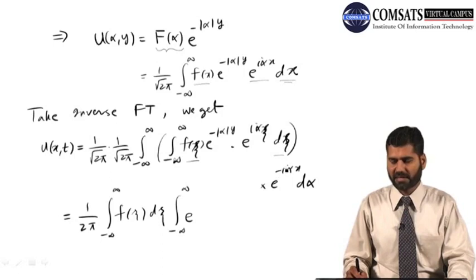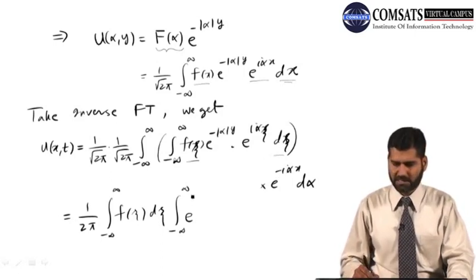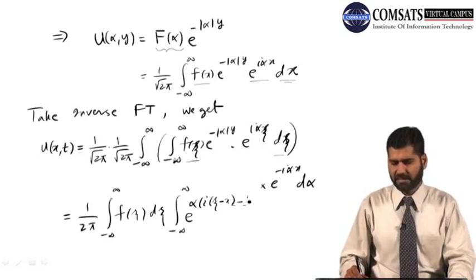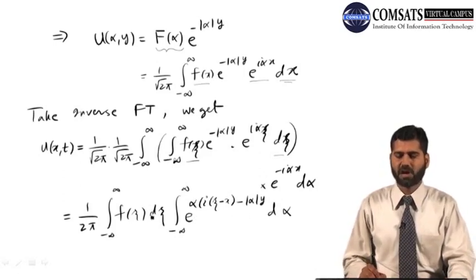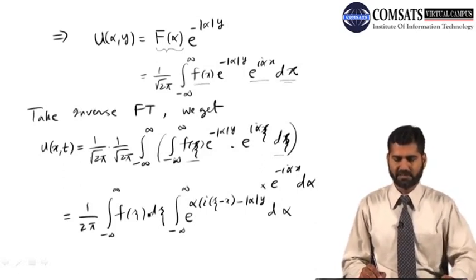So if you take iota alpha as common, it will become alpha iota times xi minus x, and minus alpha y d alpha. The terms which contain alpha I kept with this integration, and the terms without alpha I kept with the d xi integration. Alright? So far you have this thing.